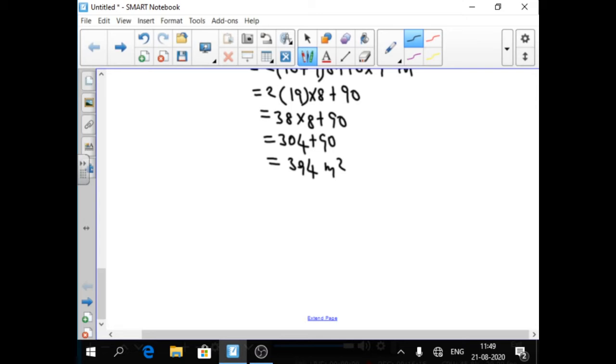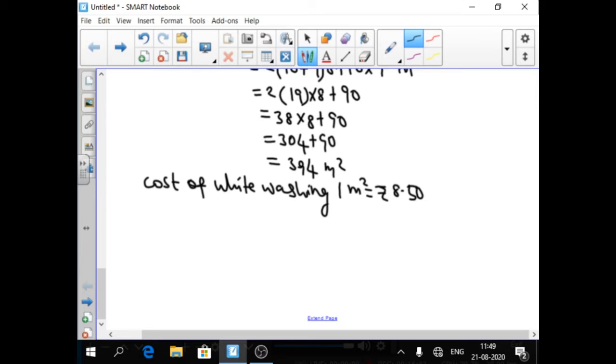So cost of whitewashing: 1 meter squared is equal to rupees 850.